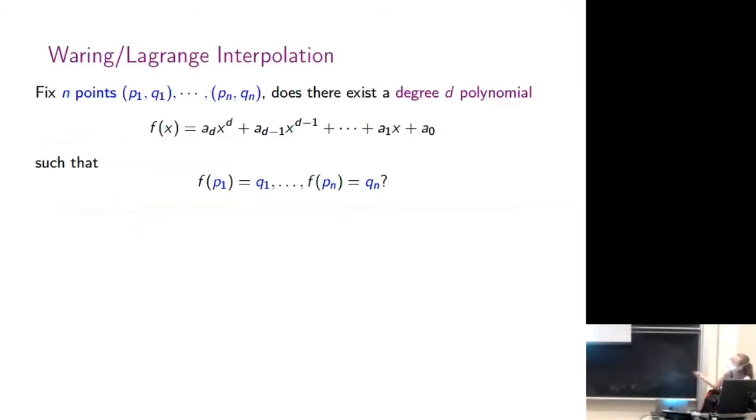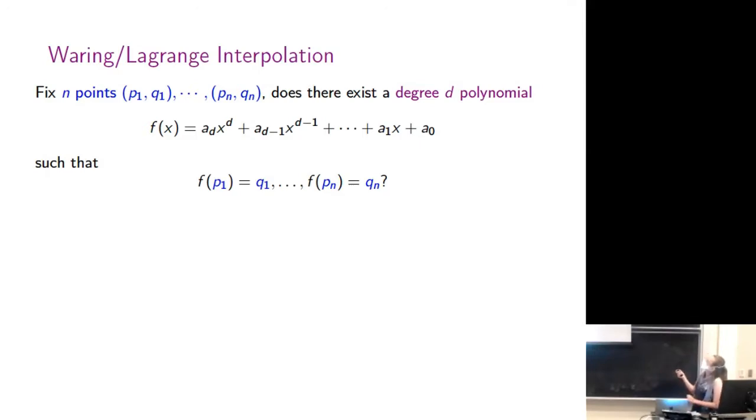Okay. So I think it's now time for me to introduce the one interpolation problem you have the most chance of having heard of before, which is Waring-Lagrange interpolation. And I'll say a little bit about why I call it Waring-Lagrange interpolation. So this is for graphs of polynomials. In this case, I'm going to, again, fix endpoints p1, q1 through pn, qn.